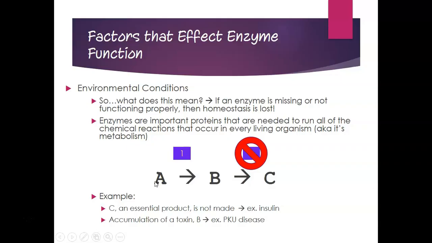So I've got a couple of situations that might potentially get set up here. Well, first off, I'm not getting product C regardless, right? I may be able to get from A to B because this enzyme still works, but with this enzyme, either I'm born without it, I've got some mutation that makes the wrong shape, or something has caused it to get destroyed. Well, now I'm not making that essential product that I actually need, something like maybe insulin, for example.